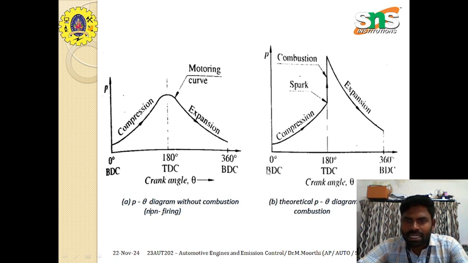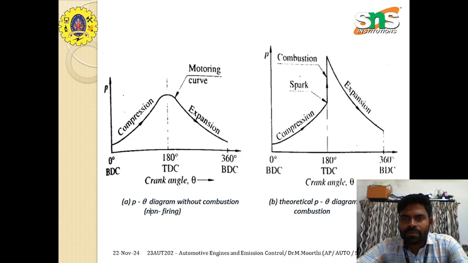Next is the case with combustion. During the compression stroke, the piston moves from bottom dead center to top dead center, so 0 to 180 degrees, and once it reaches the top dead center, the spark is applied with the help of a spark plug. In a spark ignition engine, a petrol engine, a spark plug is used.